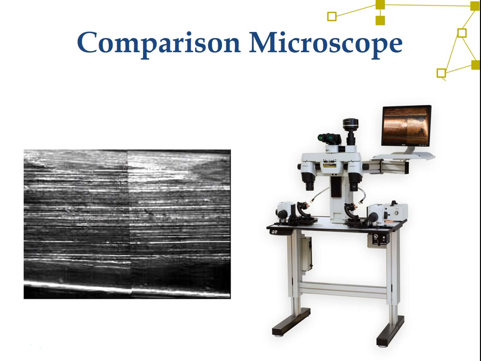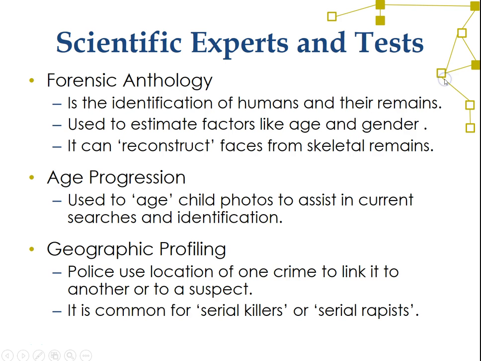So when a bullet comes out of a handgun or some of the guns that I just described, it actually spins, it turns, because inside there are lands and grooves. And when it comes out, the bullet is going to have these marks on it, these striations. An examiner can take this comparison microscope and put a sample of evidence here, a sample of evidence here, and look at these side by side to see if they're the same. And you can kind of look here and make your own determination. So that's kind of how it works with firearms.